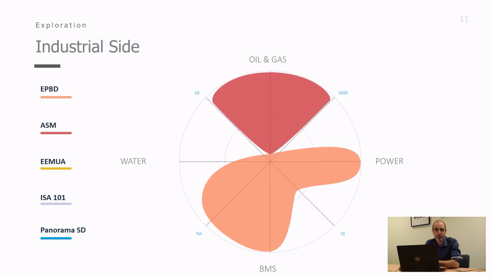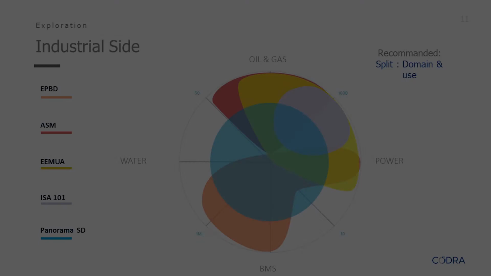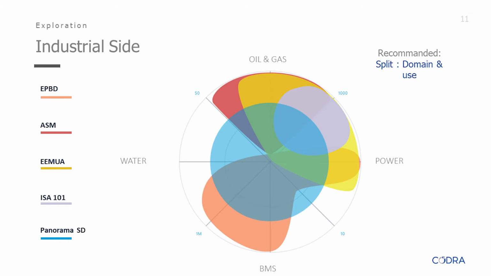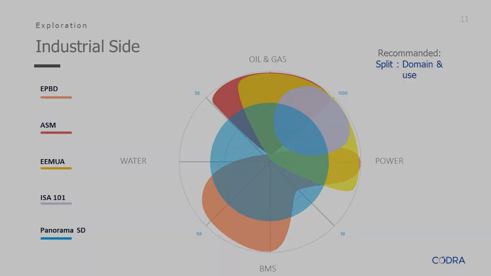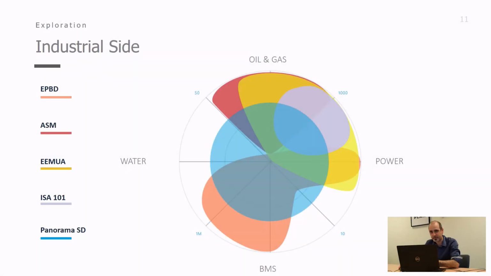The already known abnormal situation management, which deals mainly with oil and gas at any size of applications and installations. EMUA and ISA. I'd like to present the Panorama system design, which deals with all of those recommendations, but partly.